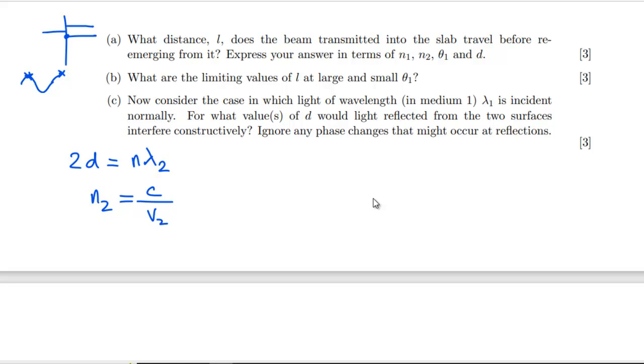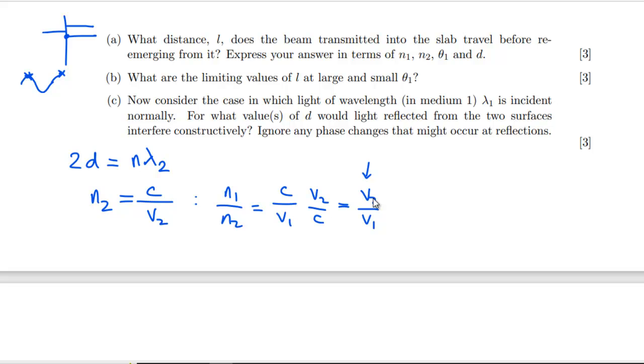So if we did that twice, for n1 and n2, then n1 over n2 is c over v1 multiplied by v2 over c. So we get v2 over v1, which again fits because you've got a slower velocity in the n2 medium.